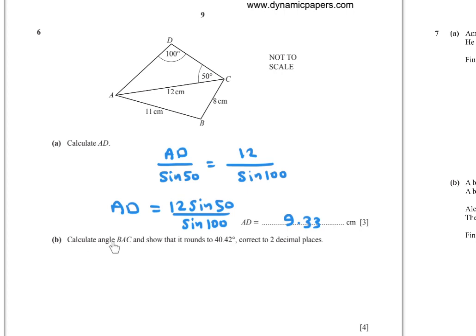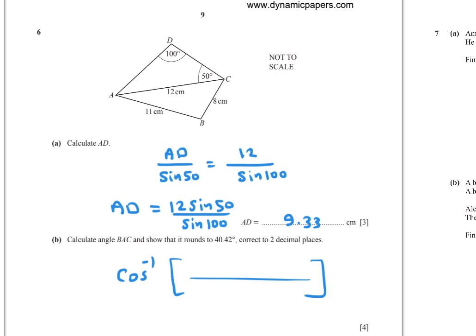B, calculate the angle BAC. In this triangle we have three sides, so you can find this angle using the cosine rule. So to find this angle, cosine inverse of the fraction.